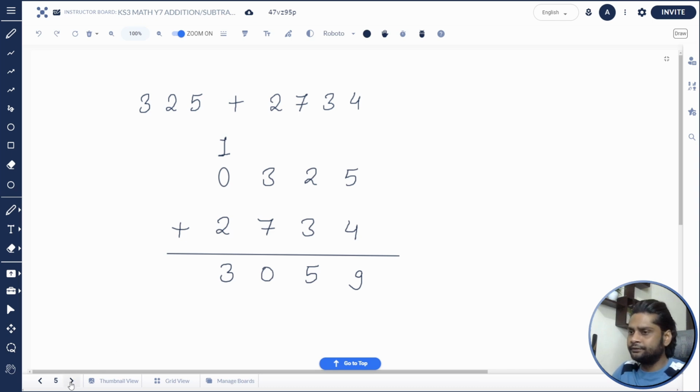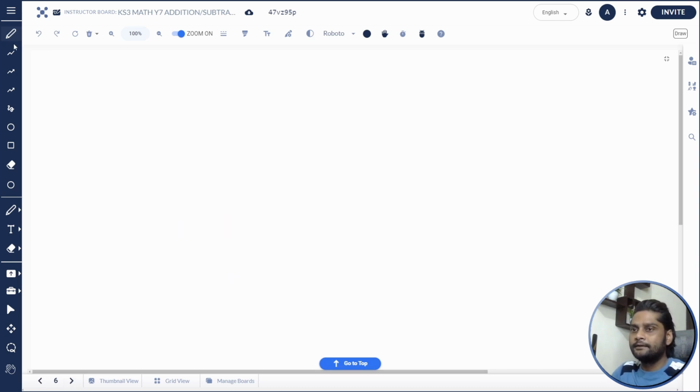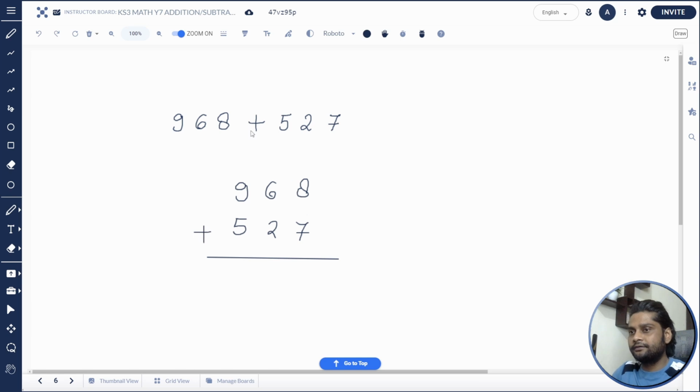Okay, let's take another example and then it will be clear. We have again two numbers and we first have to stack up. We have 9, 6, 8 and then we have 7, 2, 5. Let us now perform addition. So when we perform addition, as you see 8 plus 7 will give you 15. So we are not supposed to write 15 like this.